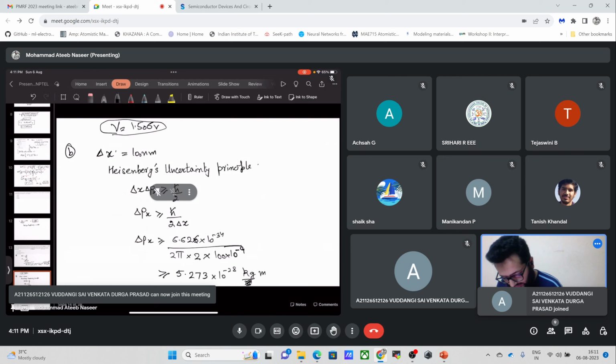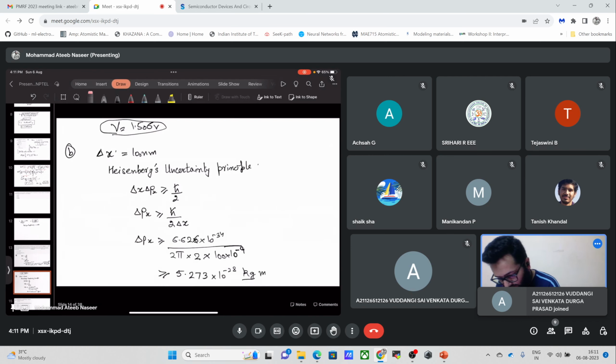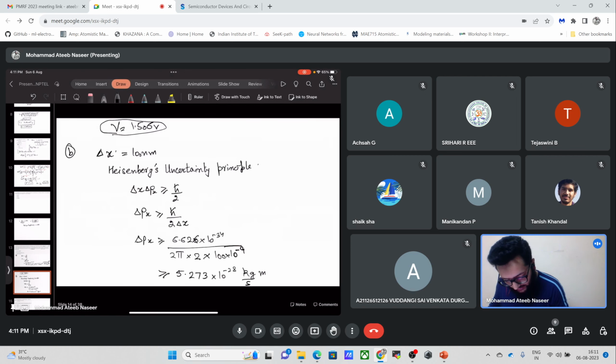So this is the value, what we can say, the uncertainty in the momentum which is associated with this electron.